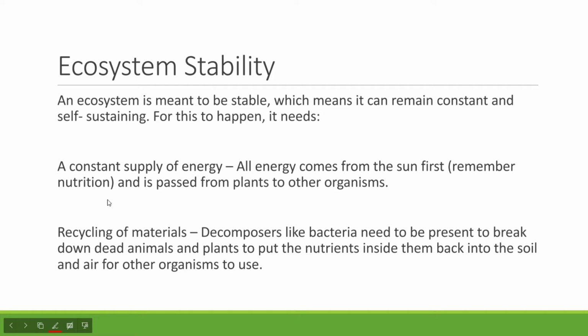We also need decomposers and things to break down the dead animals back into soil, right? To remake the soil from what the plants have taken from it in order to grow. So that's the trees that have fallen over and started to rot. Those are going to become soil eventually.